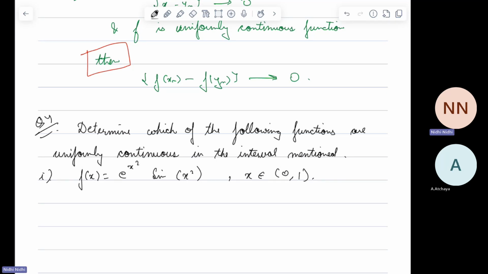Solution. For this, one must be aware of a result of uniformly continuous functions. I'll just recall that.